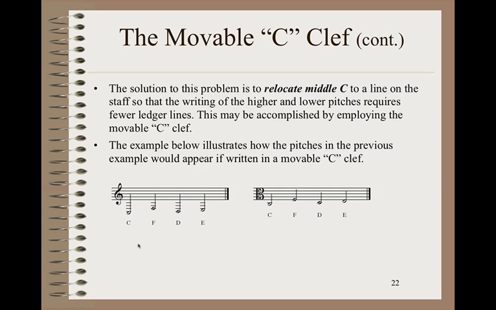In this example, we have a low C with all those ledger lines, an F, a D, and an E. Now, if we have our movable C clef on here, and I'll talk more about what this means, notice how we're able to eliminate a number of these ledger lines and make it a little bit easier to read. That's the whole idea of using the C clef: to eliminate ranges that are way above or below the treble or bass clef.